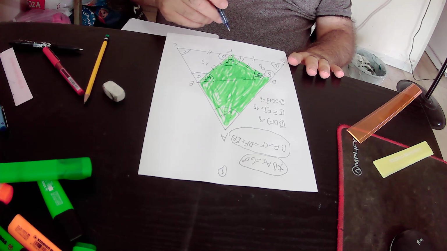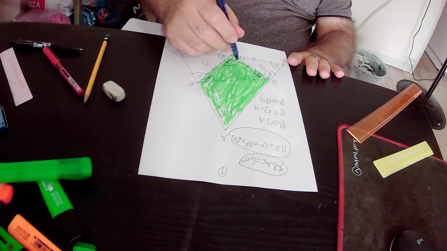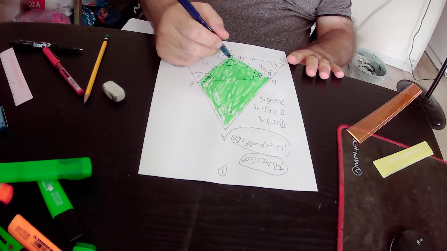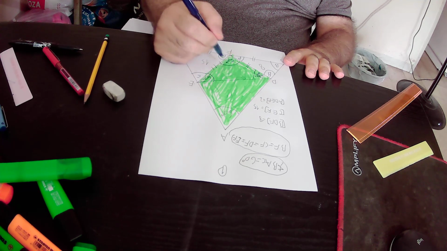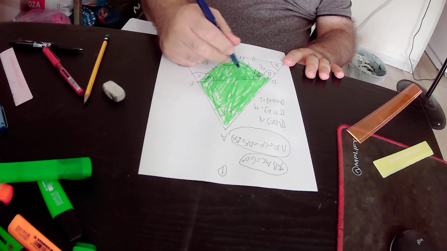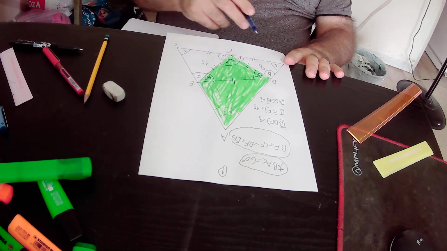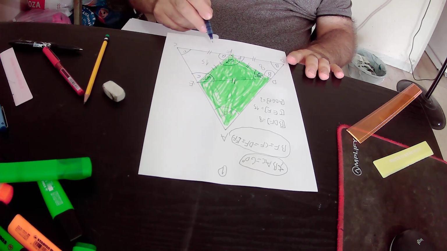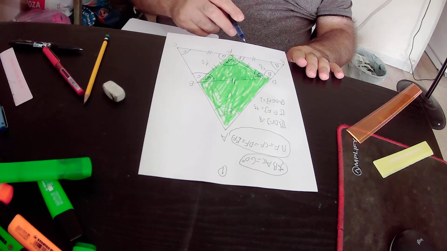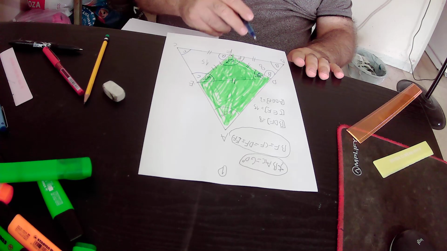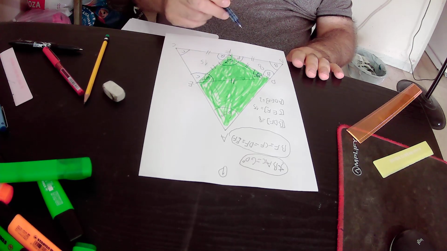Therefore, all the sides of an equilateral triangle are equal to each other. So this side equals this side equals this side. All the sides that are marked with 2 lines are equal to each other.